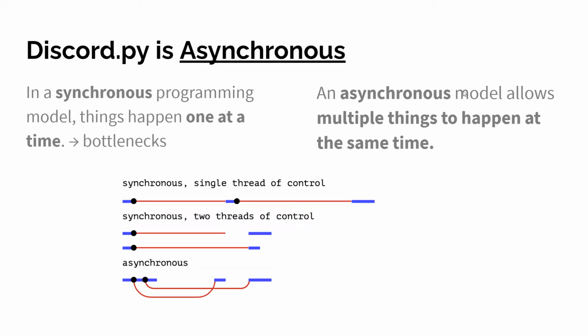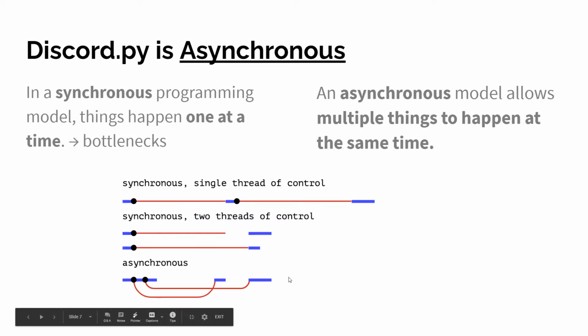But in asynchronous programming, you can have multiple things happening at the same time. Even if the first line of code is not finished running, the second line of code can start running. This is especially useful because if we look at the diagram, things can run much faster.